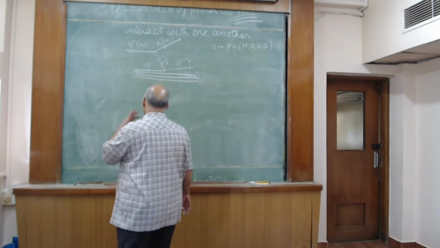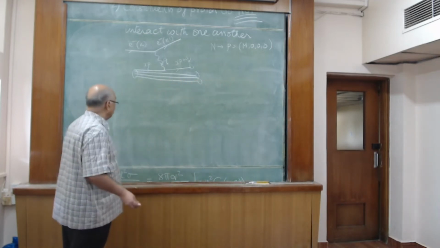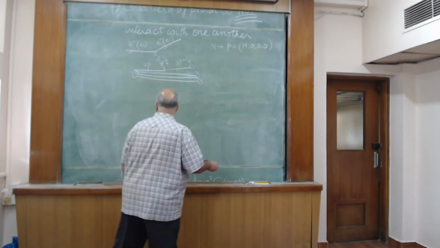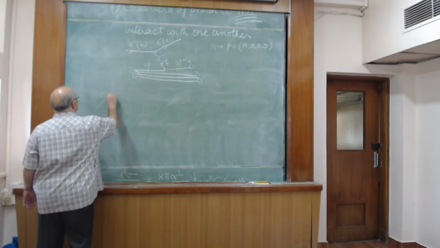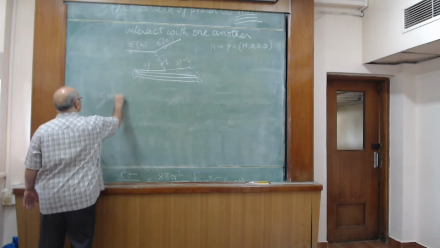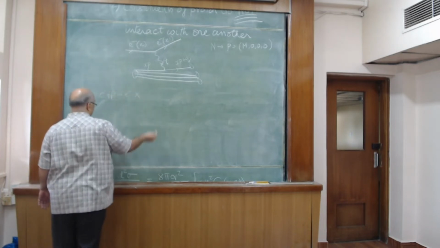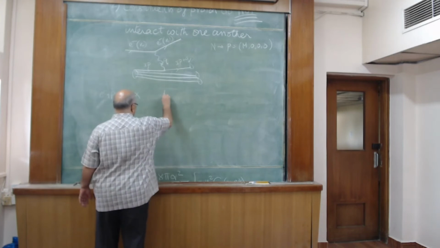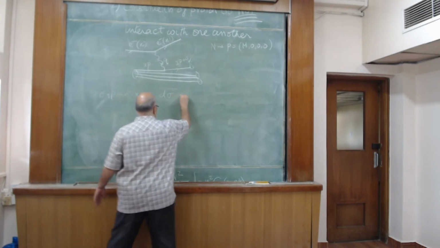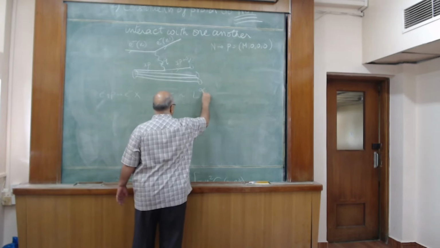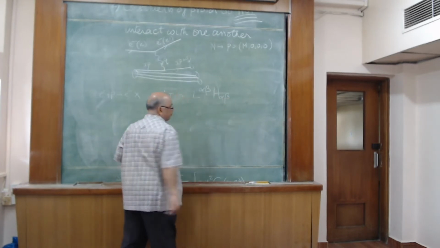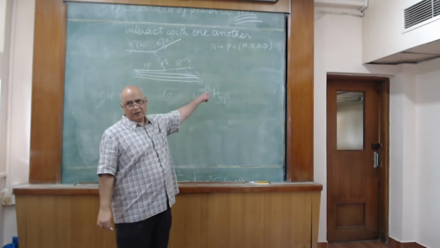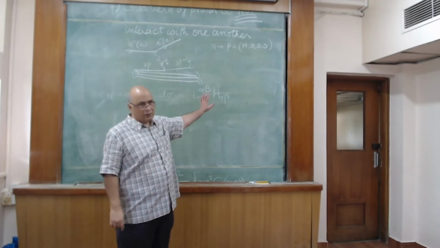So if you remember, in computing this d sigma we wrote it as a product of leptonic tensor times hadronic tensor.